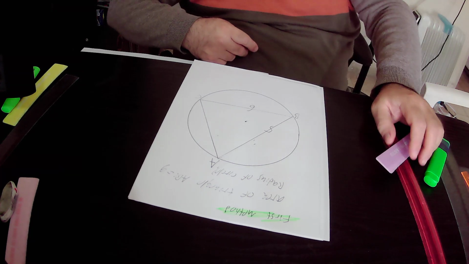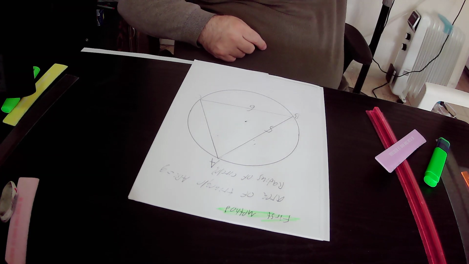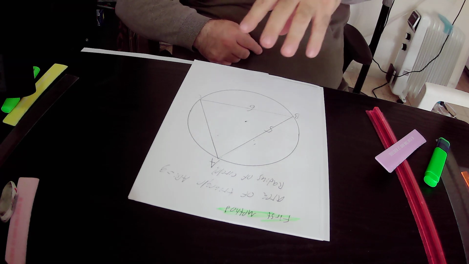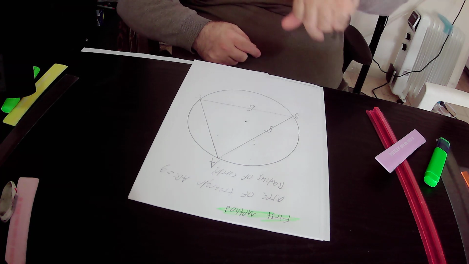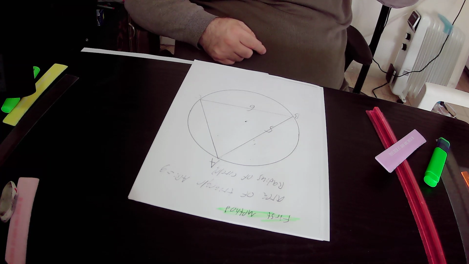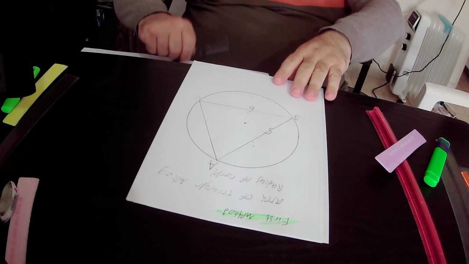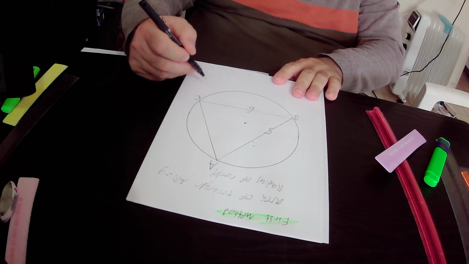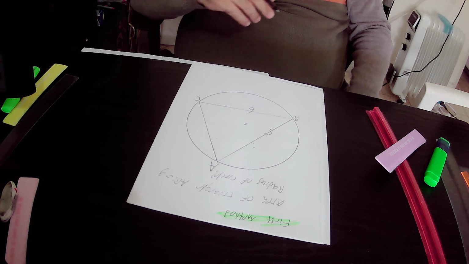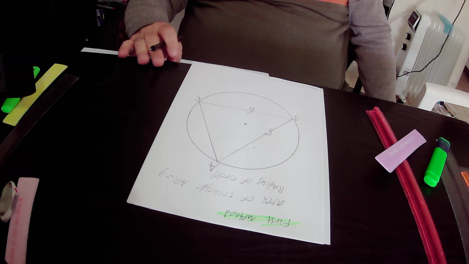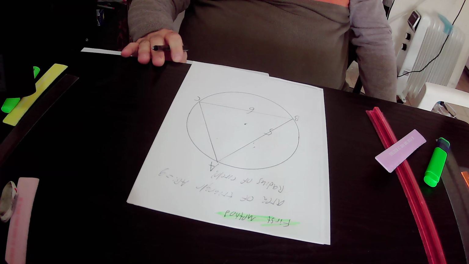In the drawing, we have a triangle that is inscribed by a circle, and side AB of triangle ABC equals 5 units, side BC equals 6 units, and we know that the area of triangle ABC equals 9 square units.